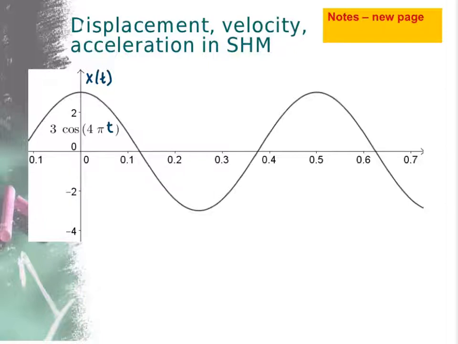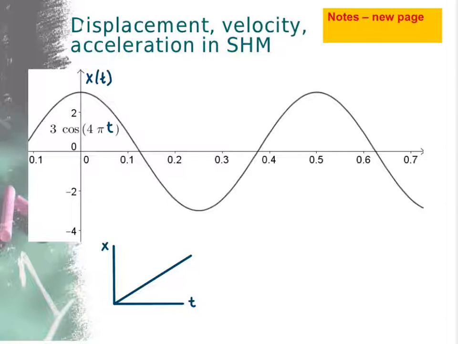So if this is my displacement graph, what is my velocity graph going to look like? Well, I might get some clues from when I used to have displacement versus time graphs for constant linear motion.